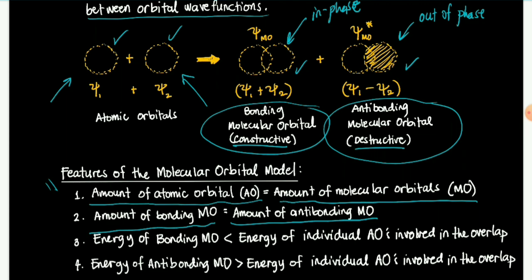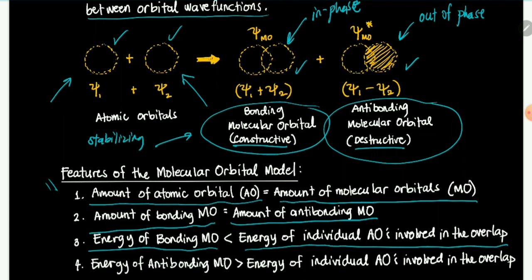Okay? So, for number 3, the energy of the bonding molecular orbital should be less than that of the energy of the individual atomic orbitals. Kasi, ang effect ng ating bonding is stabilizing. Okay? So, ang unang principle natin pagdating sa bonding, nagre-release siya ng energy, yung bond formation energy. So, ibig sabihin dapat yung bonding orbital na to, mas mababa yung energy kaysa sa mga individual energies ng mga atomic orbitals na ito.